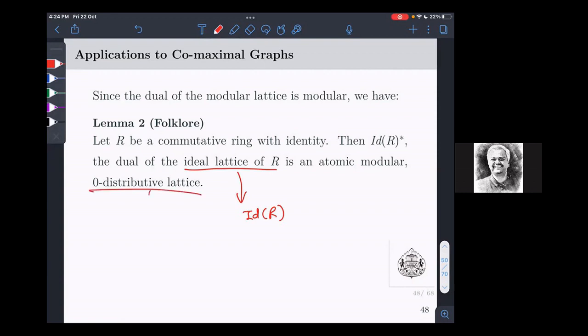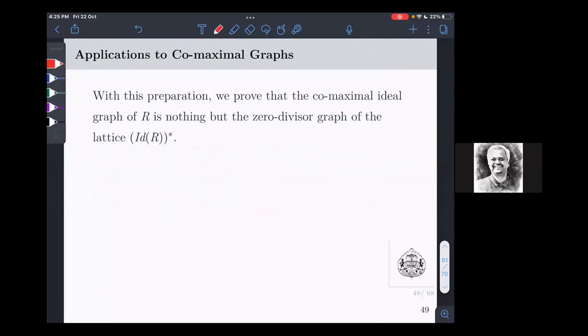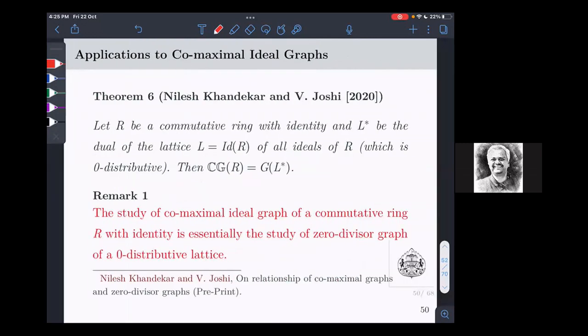This fact you can get from Atiyah's book also. In Atiyah's book, not exactly in the same language with what I'm telling you, but essentially it is the same thing which I'm writing here. This becomes IDR star. IDR star means dual of IDR. This becomes a distributive lattice. It's an atomic lattice and moreover a modular lattice. So this is known.